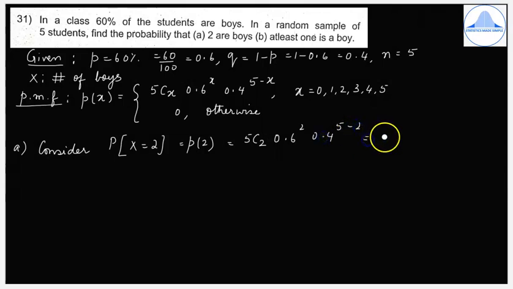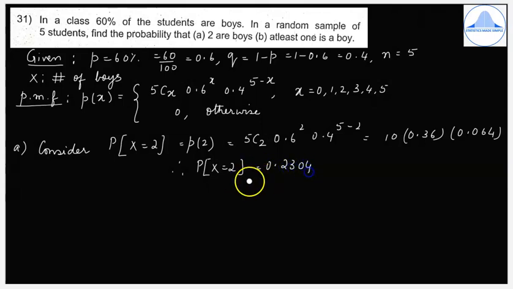So 5C2 is 10 into 0.36. You will get 0.4 to the power 3, which is 0.064. So the first answer is probability of X equal to 2 is 0.2304.